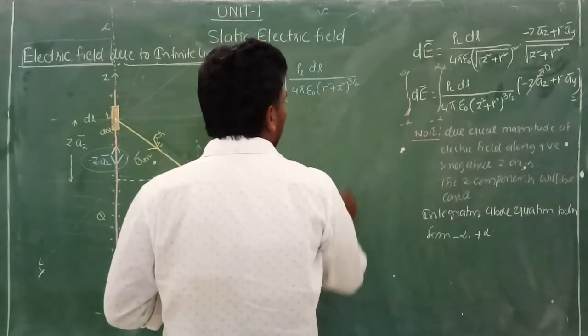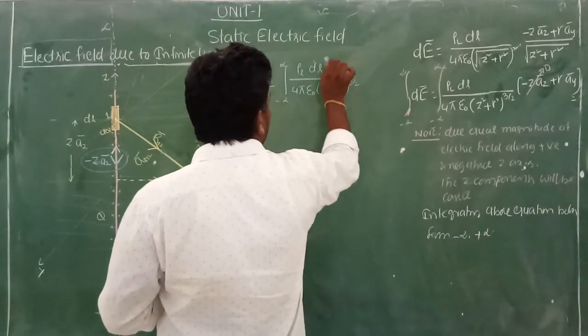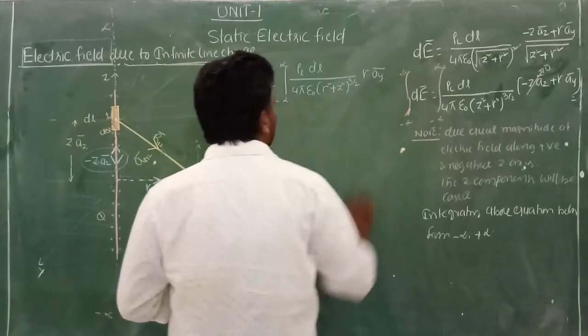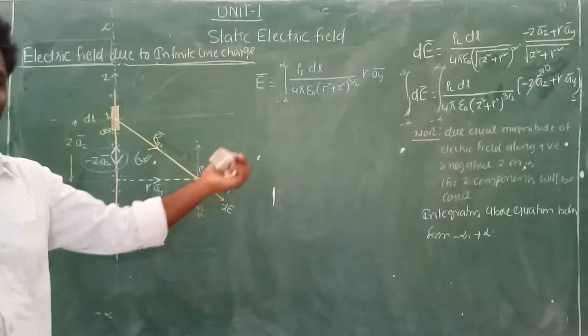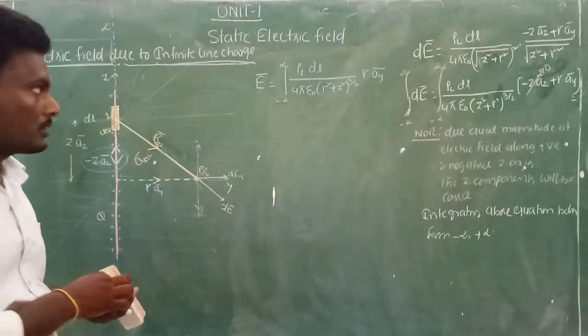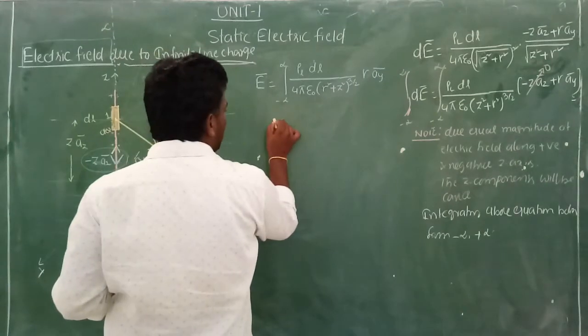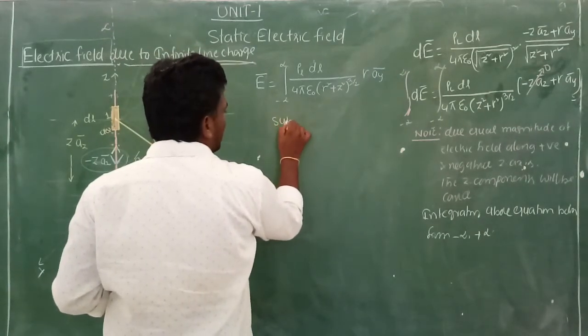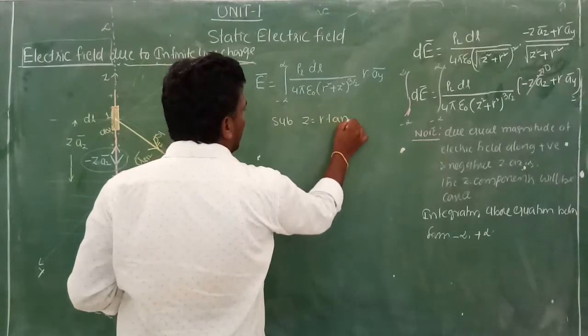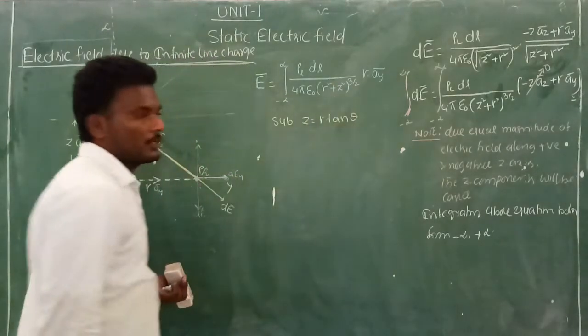This is the component here, it is r into a y bar. Okay. So how can you do the integration? Integrate by the substitution method, substituting z equals r tan theta in the above expression.